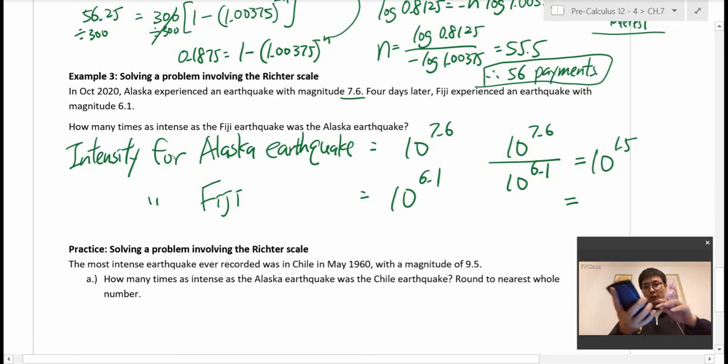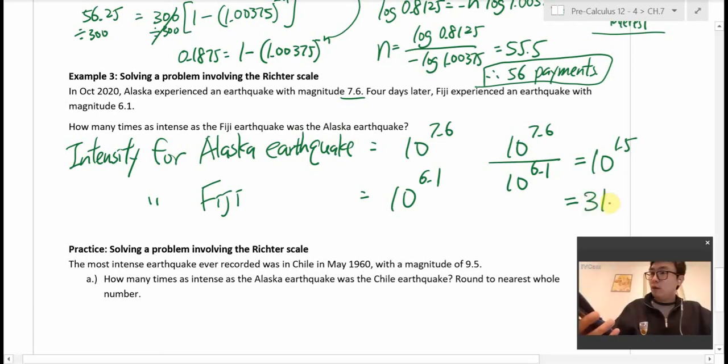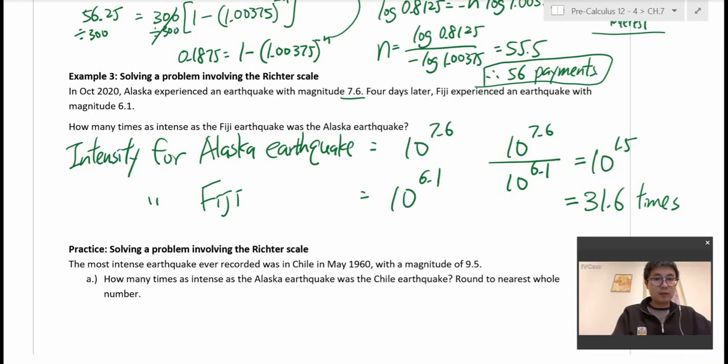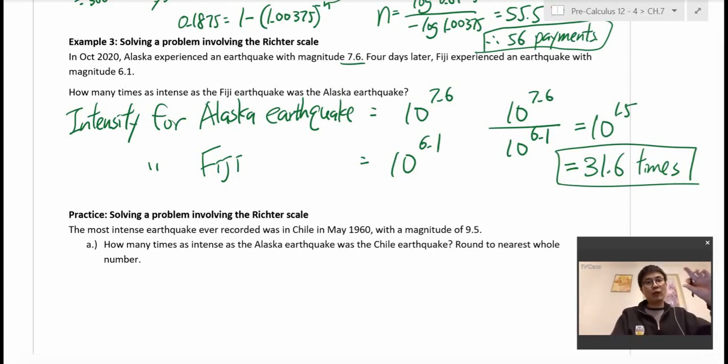And now we put this into the calculator, 10 to the power of 1.5 is actually 31.6 times bigger, or as intense. So the earthquake in Alaska was 31.6 times as intense as the one in Fiji. So not just 7.6 divided by 6.1, but 10 to the power of 7.6 divided by 10 to the power of 6.1. It's base 10, that's why you've got to do it that way.